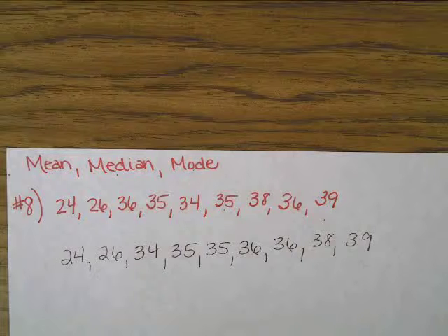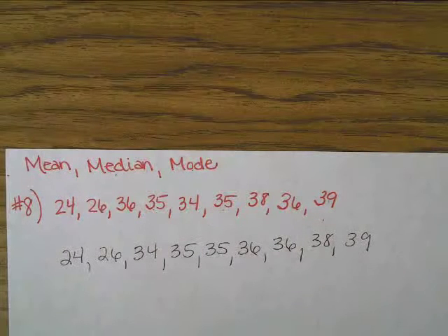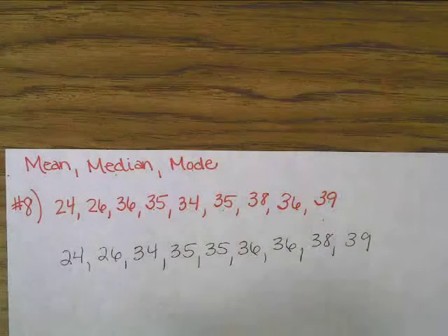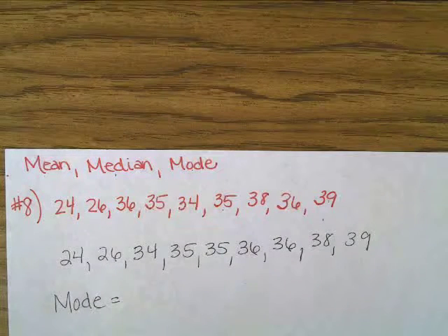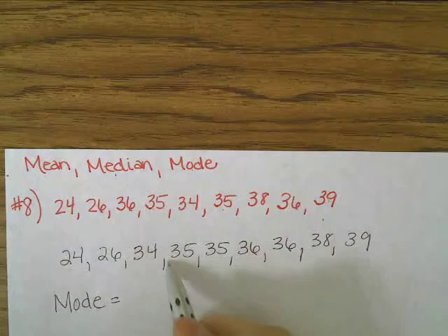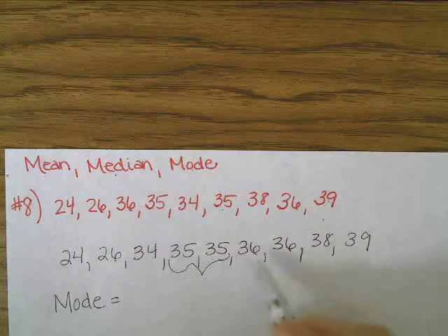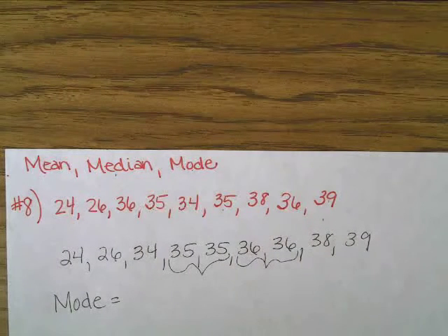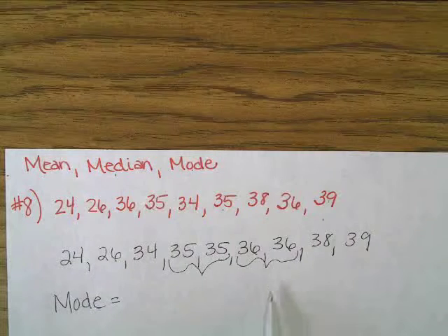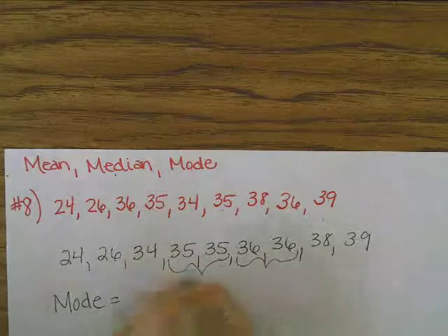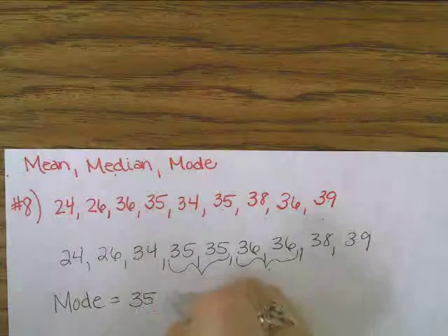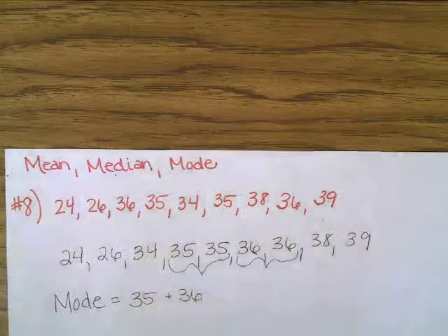All right, so we'll start by finding the mode. Mode is the numbers that repeat. How many do I have that repeat? These 2 repeat, and these 2 repeat. Which one has the most repeating? They're the same. So my mode equals 35 and 36.